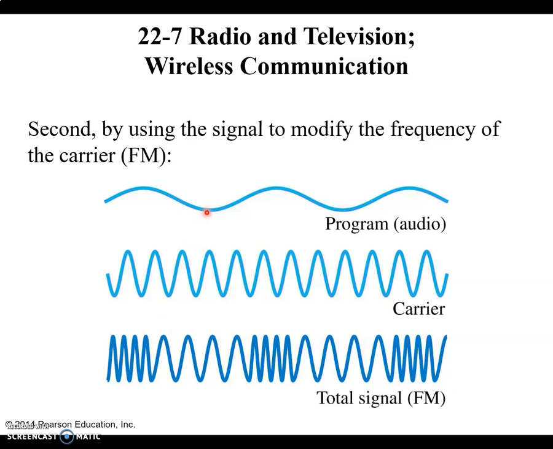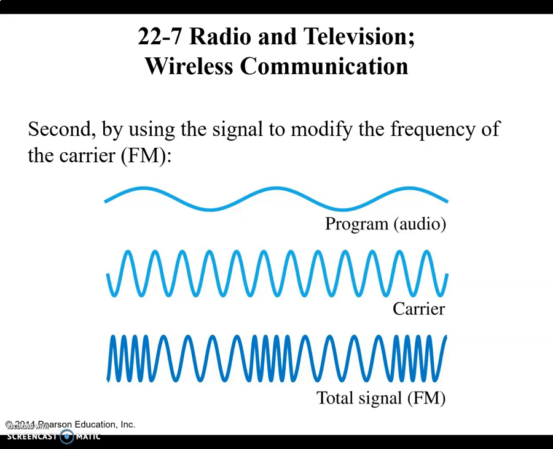And when you have a large negative amplitude in your audio, that will decrease the frequency of your carrier wave. So you have a high frequency, low frequency, high frequency, low frequency, high frequency, and the variations in the frequency match your audio wave. So this is what we call frequency modulation, or FM radio.